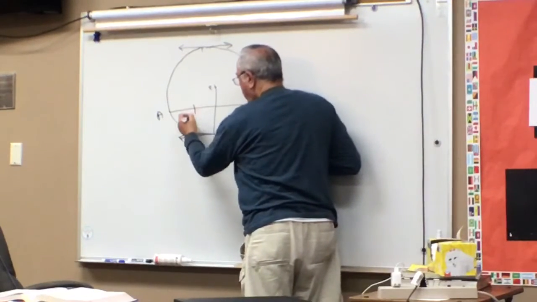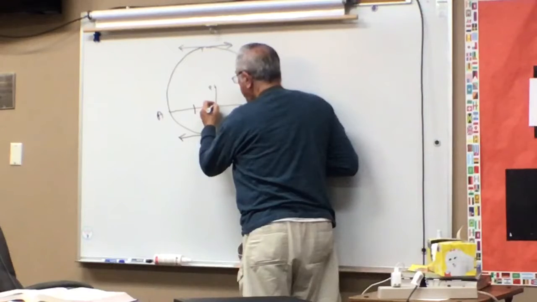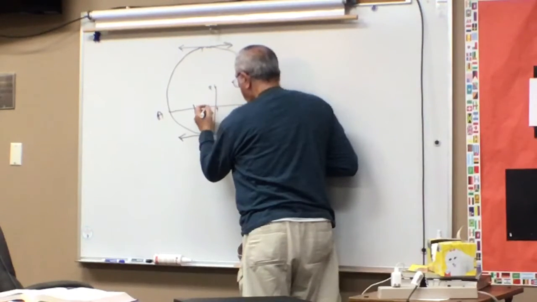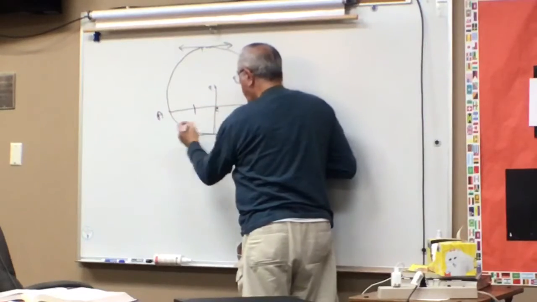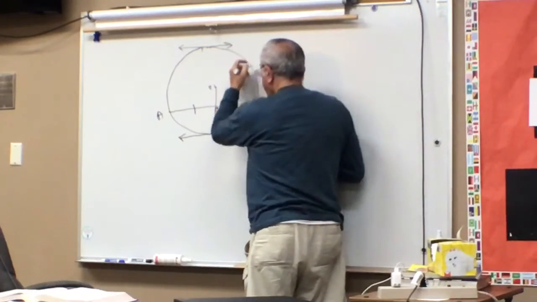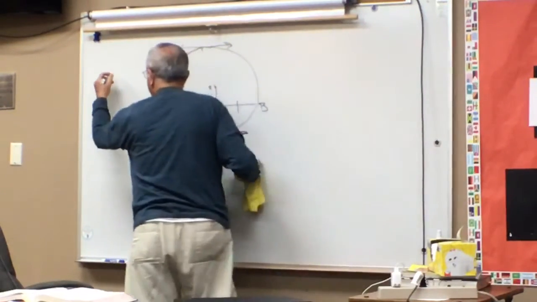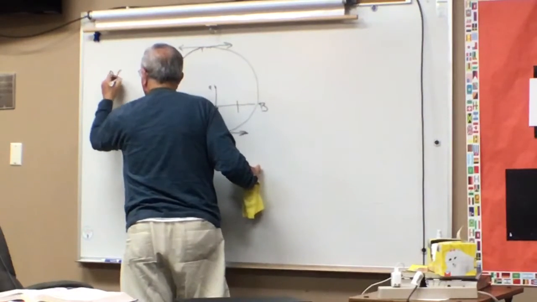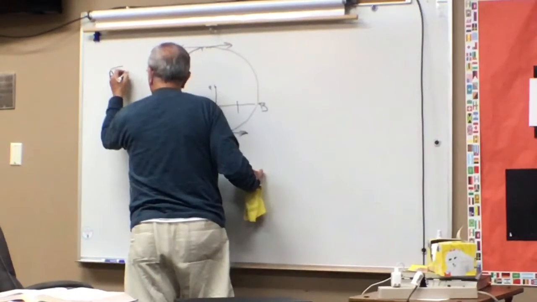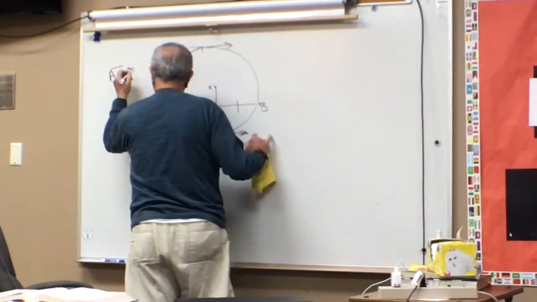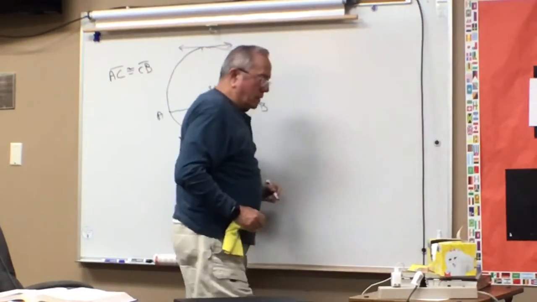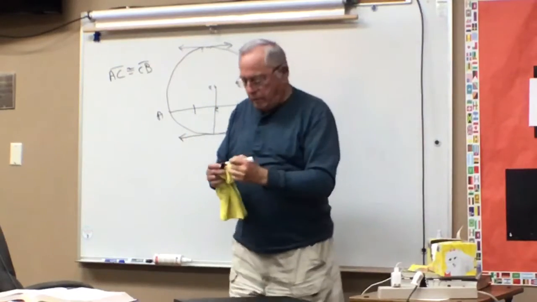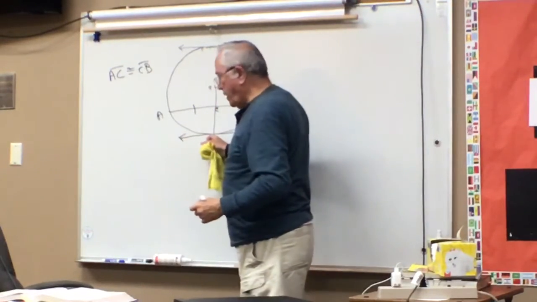So now I make this point C here, A, C, B. So then AC, watch, AC is congruent to CB.